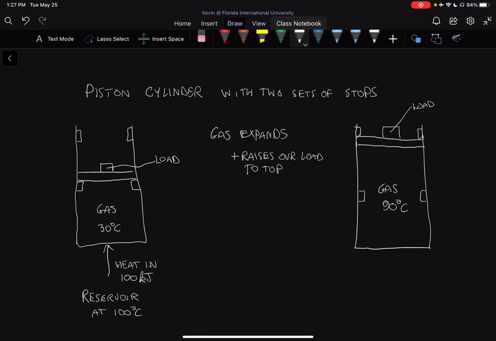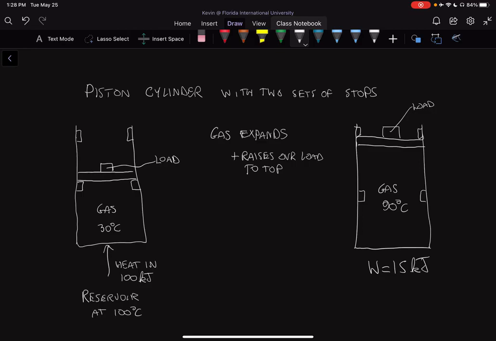It's observed to be 90 degrees. And the work on the load is equivalent to the increase in potential energy. So we can say that the work done in this system was 15 kilojoules. So we applied 100 kilojoules of heat and our work was equal to 15 kilojoules. This is something that we can observe.